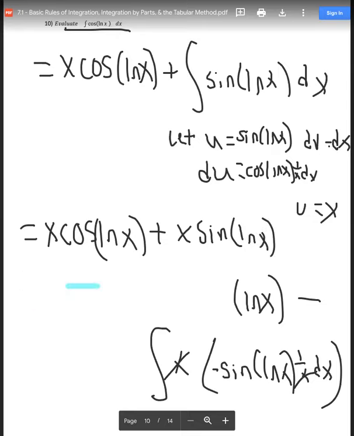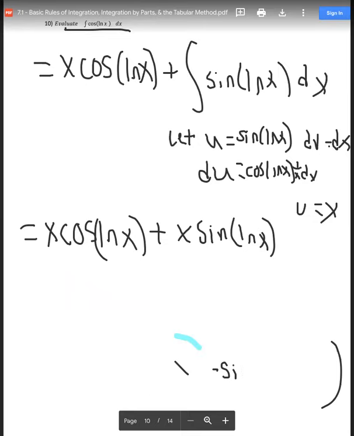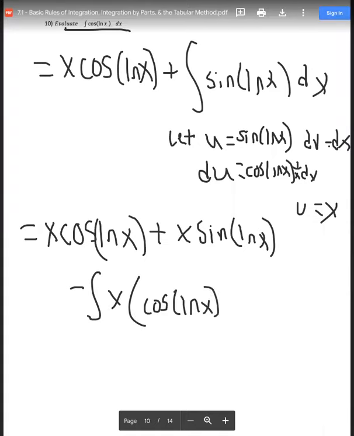And then of course we have to do minus the integral of v times du, which is x times cosine of ln of x, 1 over x dx. A lot. Really, really important to know.